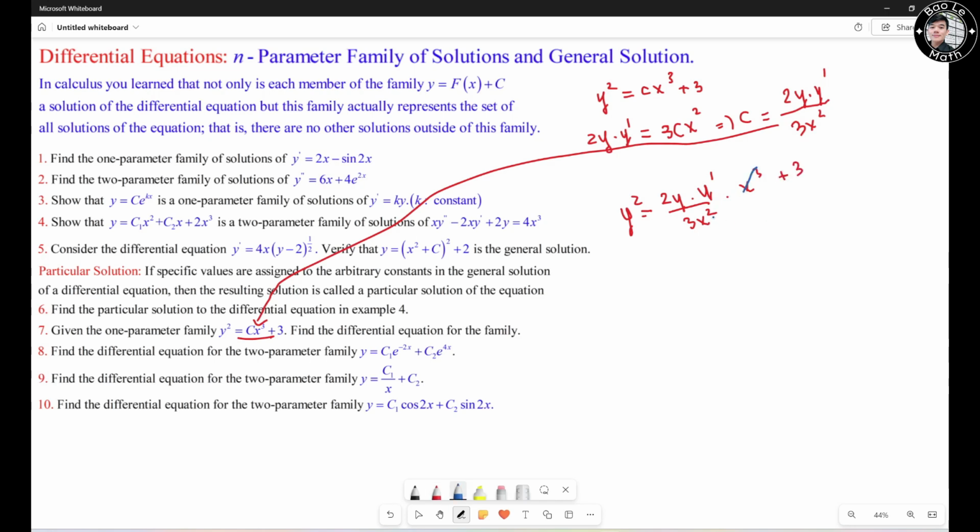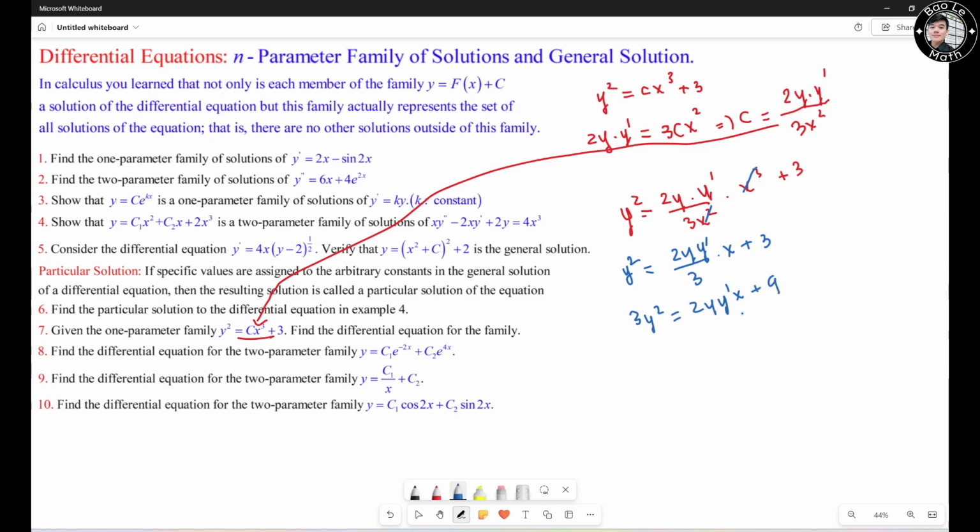Now we need to simplify, so it turns out to be y squared equals 2y y prime over 3 times s, plus 3. Now I'm going to multiply both sides by 3, so it becomes 3y squared equals 2y y prime s plus 9.